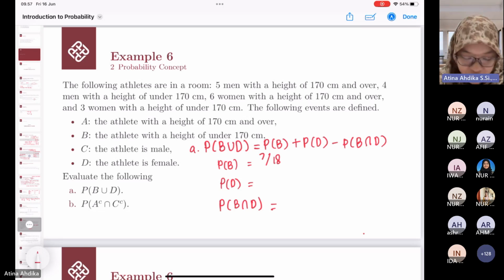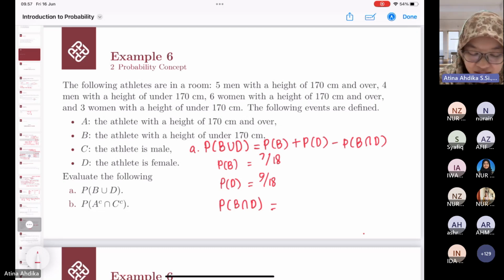Okay, thank you. So the next is, what is the probability of D? D is that the athlete is female. 9/18. Okay, yes, right, thank you. And then the last one, what is the probability of the intersection between B and D?